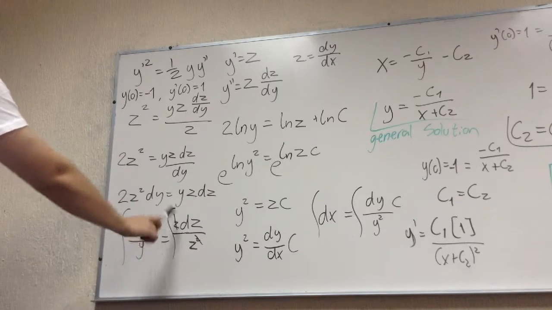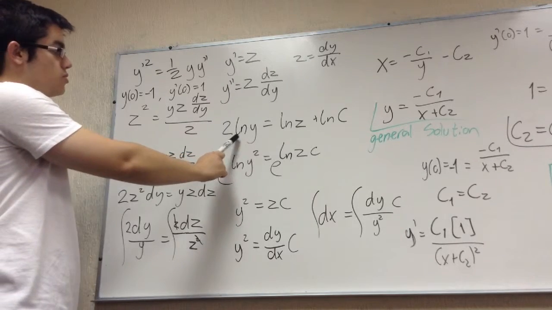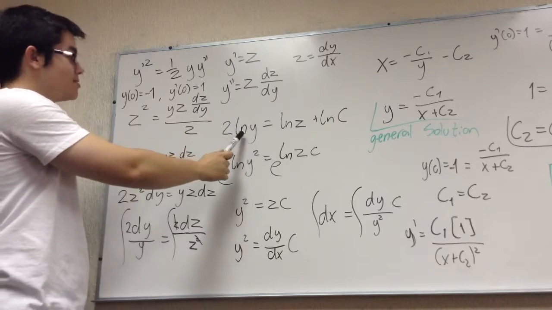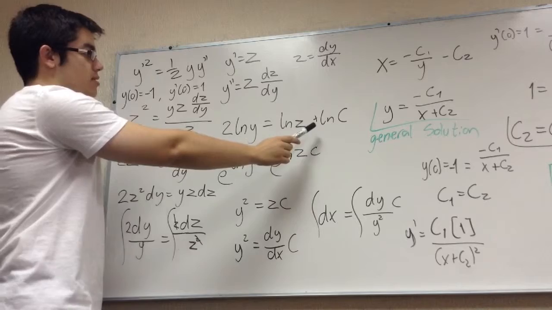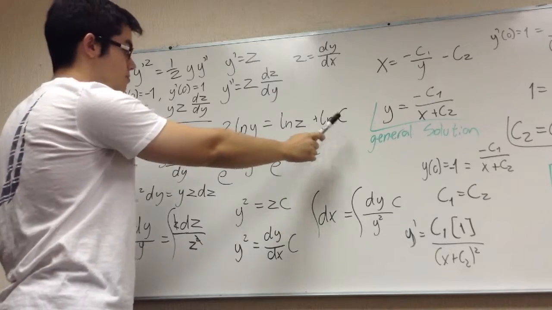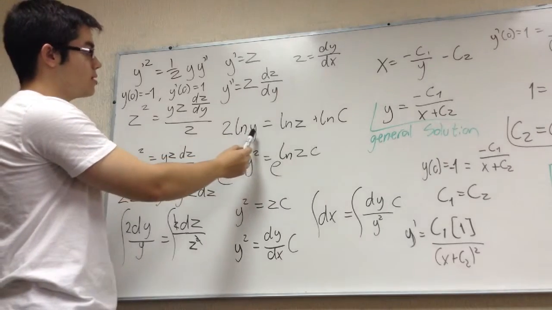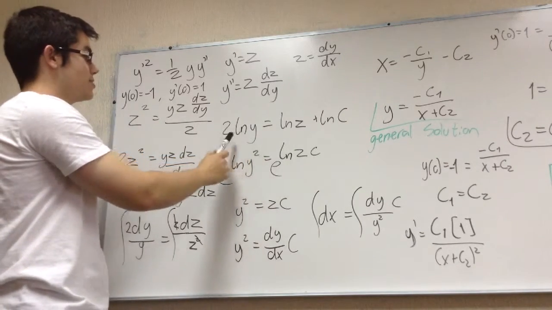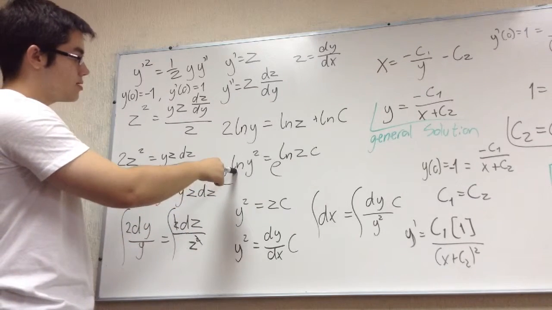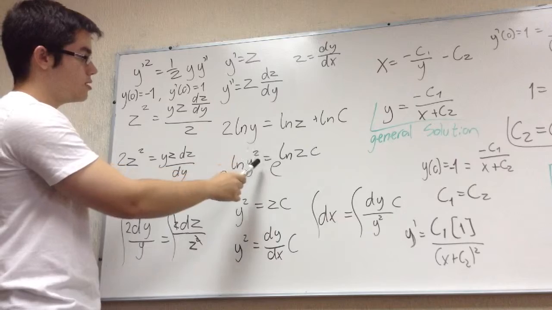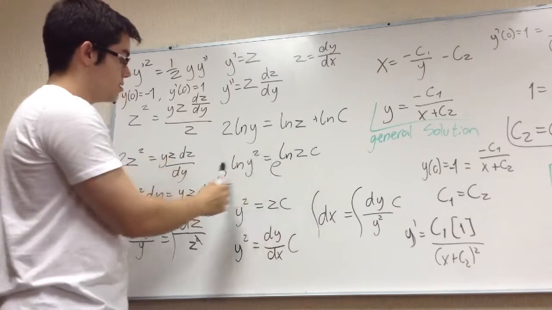We integrate both parts, and we have 2 natural logarithm of y equals natural logarithm of z plus natural logarithm of c. We use the rules of natural logarithms. So we have natural logarithm of y squared equals natural logarithm of c times z.